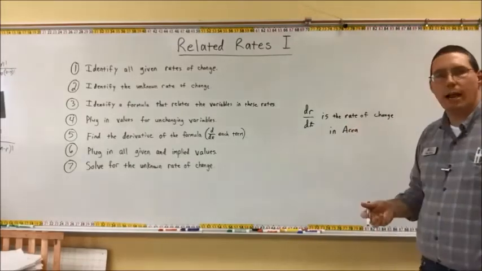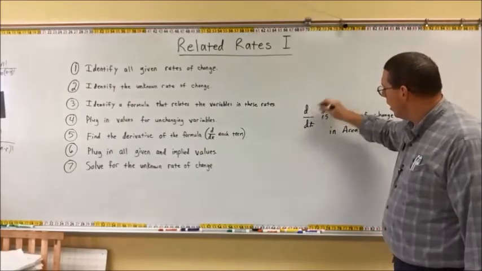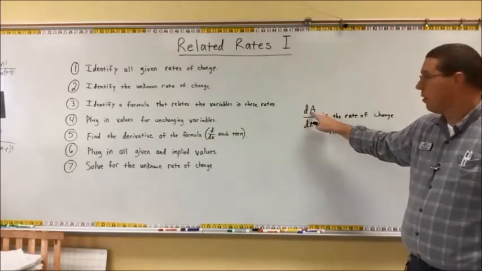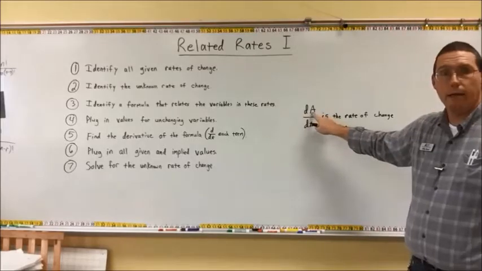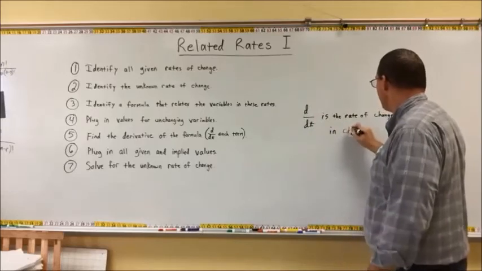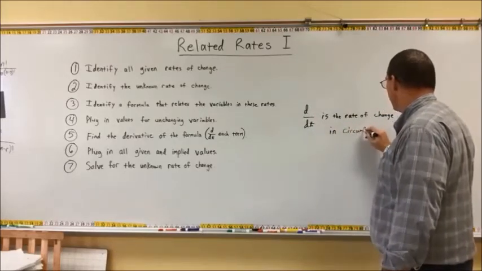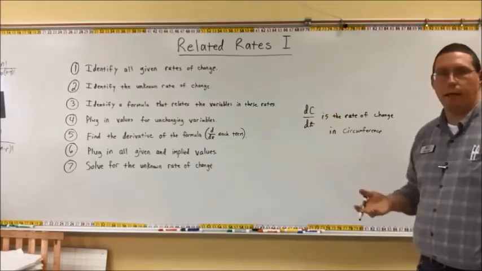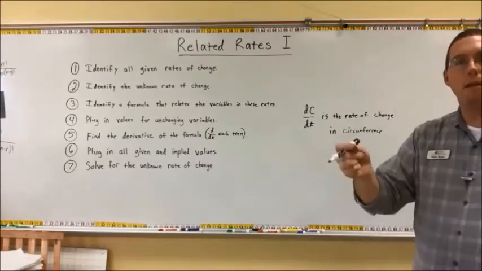That would be dA dt, the rate of change in area. Well, what would the rate of change in circumference be? That would be dc dt. It's always d something dt.